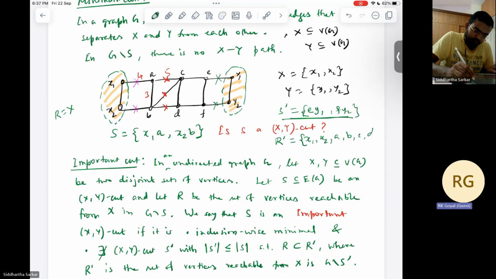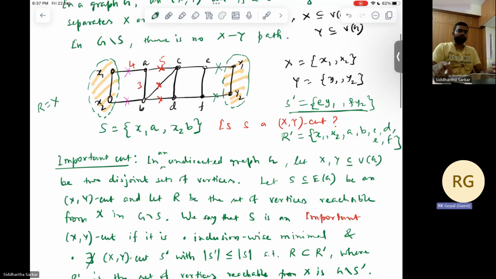This time R dash comprises so many elements, and only two elements are remaining which are not part of R dash. So yes, S dash is an important cut.